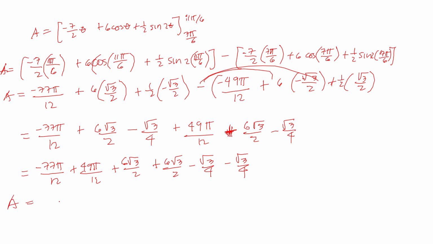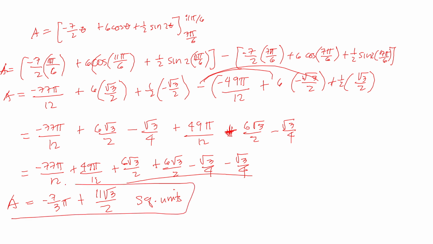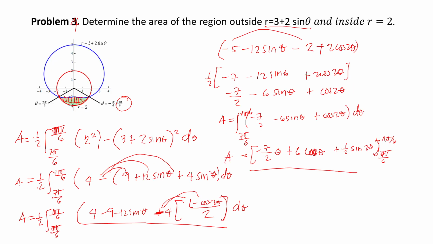The area is negative 77 plus 49 divided by 12, that is negative 7 over 3 pi. Then we are going to add this one: 6 square root of 3 over 2 plus 6 square root of 3 over 2 minus square root of 3 over 2, that is plus 11 square root of 3 over 2 square units. So that's all for problem number 4.